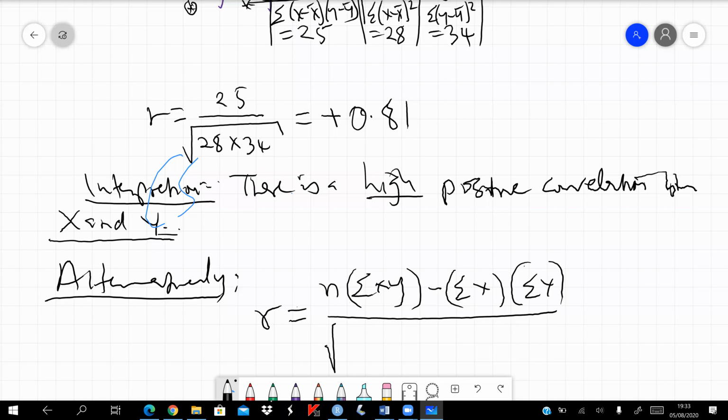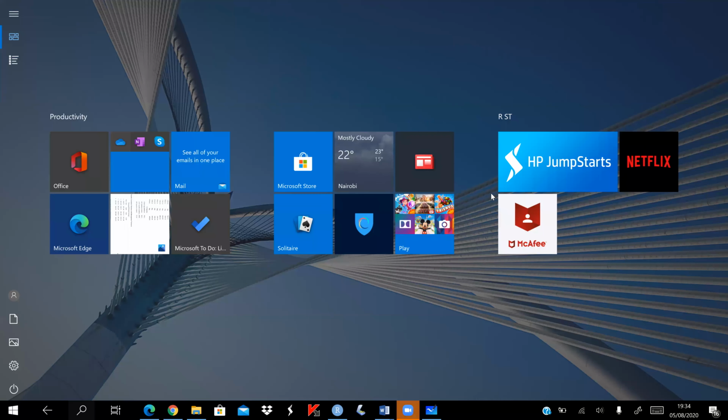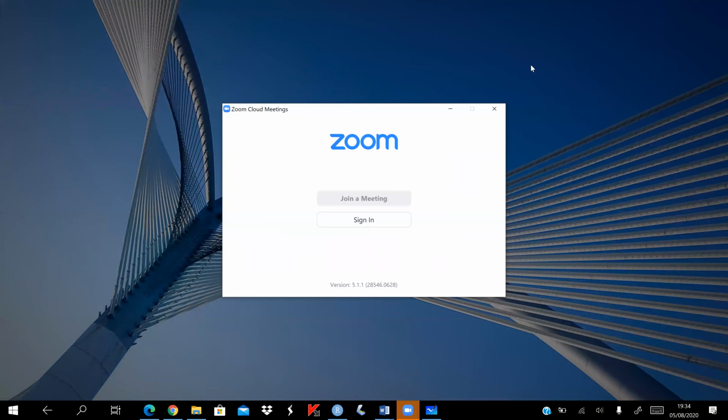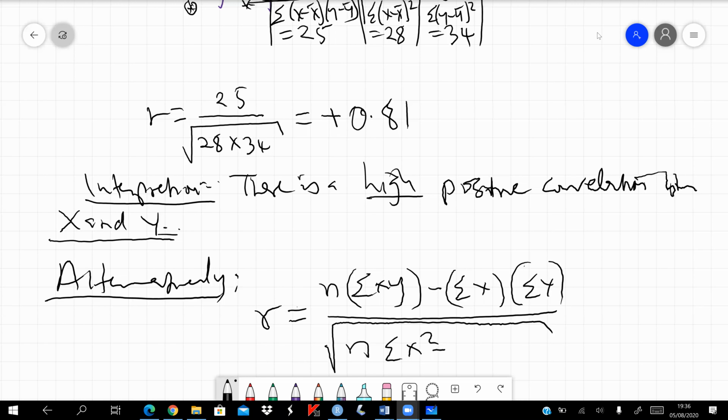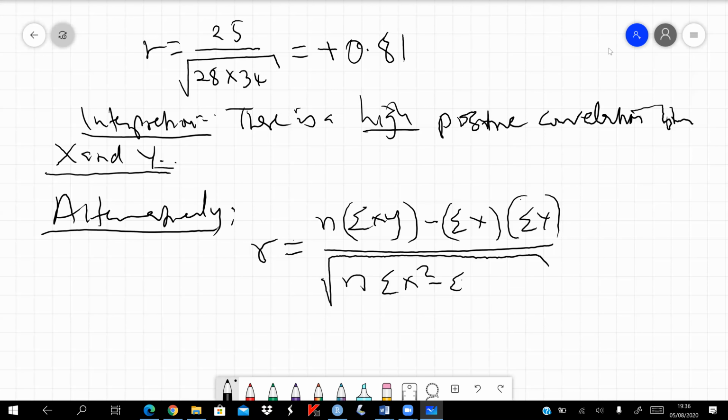Divided by the square root of N into summation of X squared minus summation of X, all squared, and there's a bracket like that.